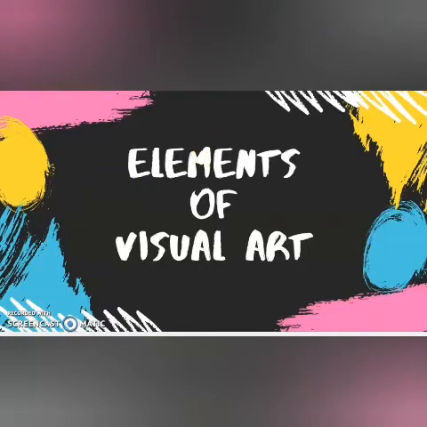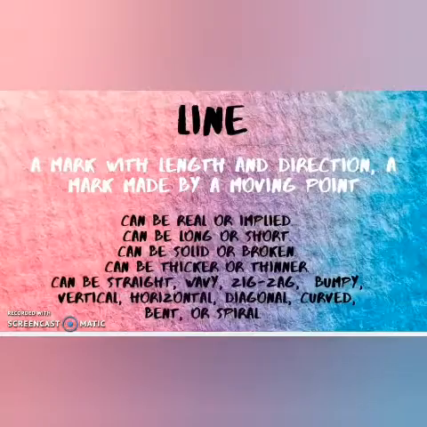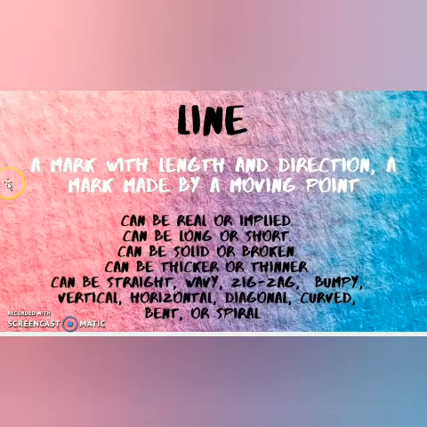Now let's start with the line. Do you have any idea what a line is? You see, a line is defined as a mark with length and direction, a mark made by a moving point.